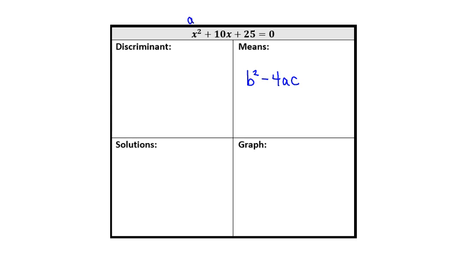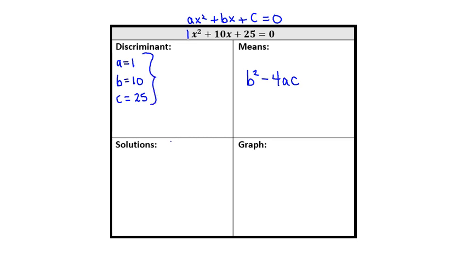So remember, in standard form, it's ax squared plus bx plus c equals 0. That tells me what my a, b, and c are. I know that a is 1 because there's a 1 in front of the x squared. I know that b is 10, and I know that c is 25.